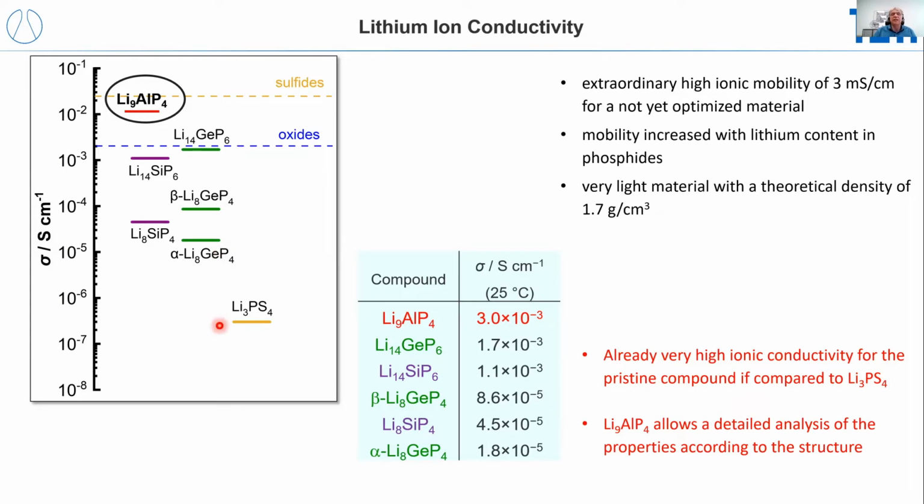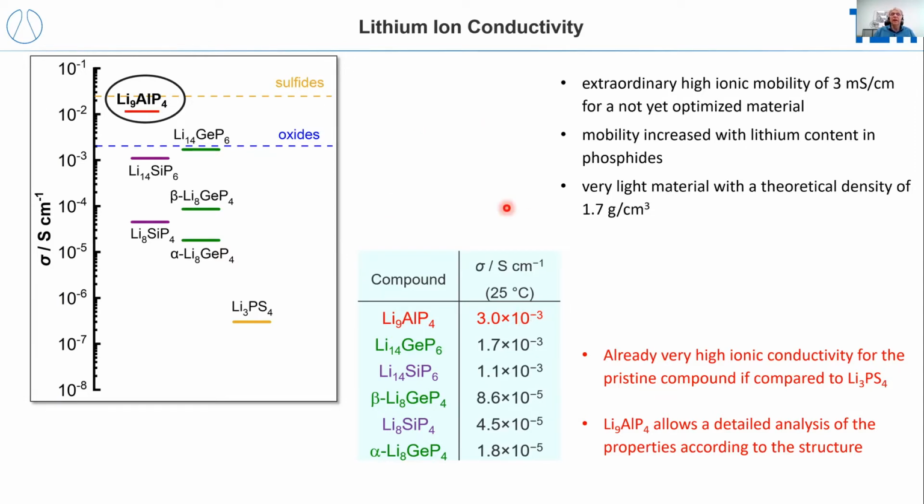They started with PS4 3- here. We start already here and got already a good increase. We're not reaching yet the top of the sulfides, but these are still pristine compounds, and we look forward to when we now mix those. Certainly we still have to investigate the electrochemical stability, and it seems that we may get the same range as in the sulfides.